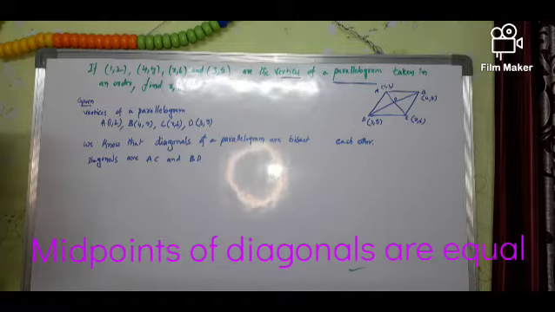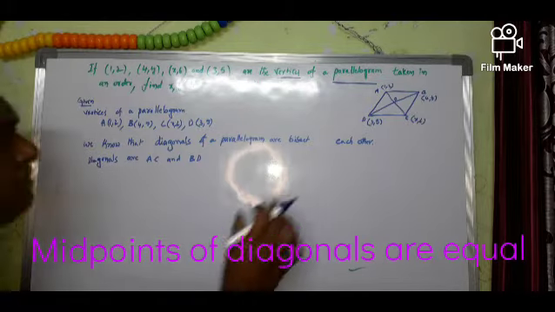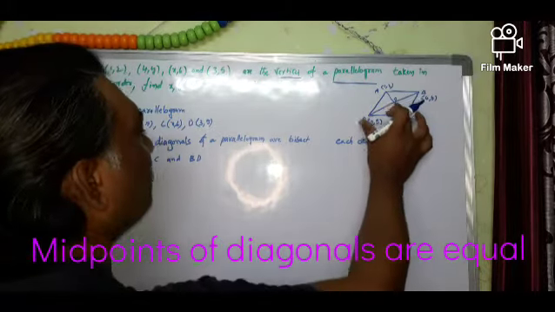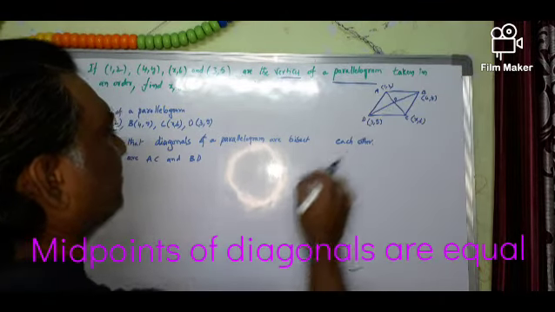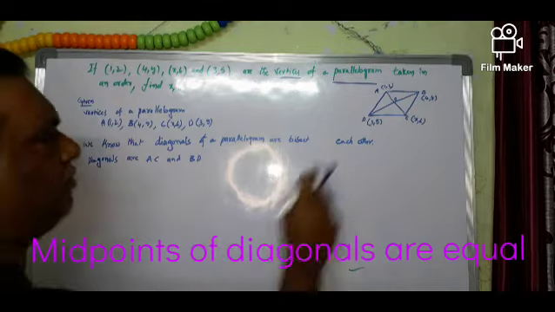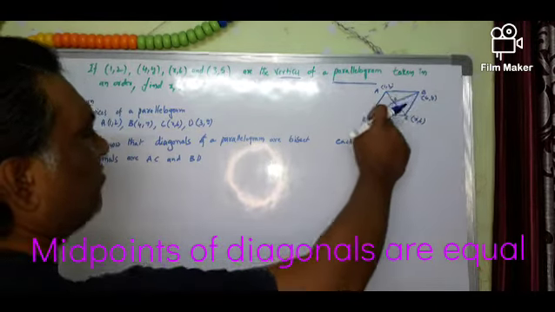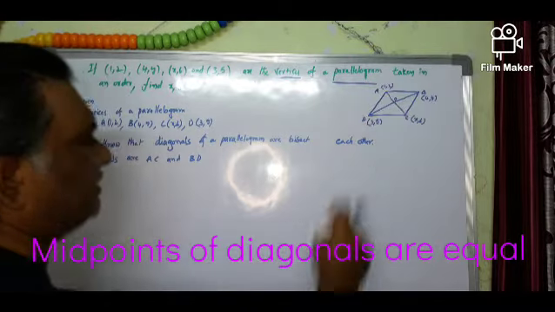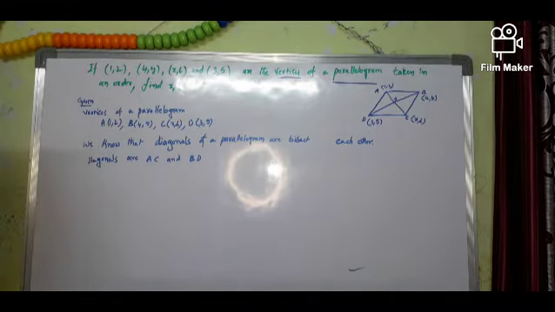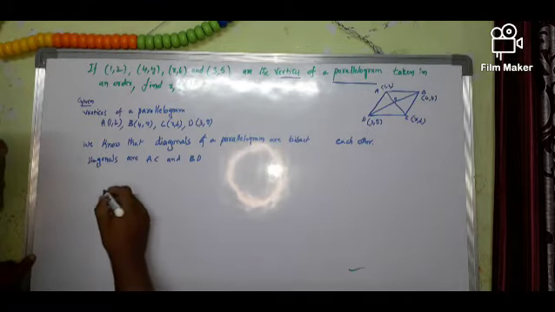Bisecting means half. So the midpoint of BD is equal to the midpoint of AC.